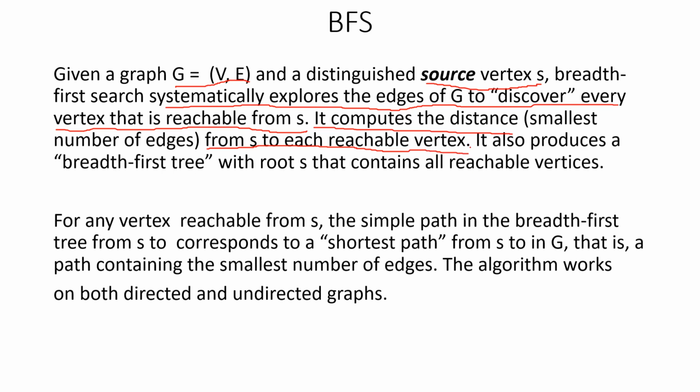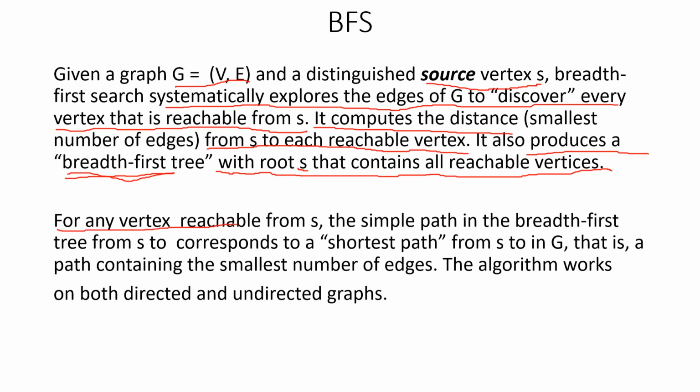As a result of the BFS, it produces a breadth-first tree with root S that contains all the reachable vertices. So if we do BFS on a graph, as a result we can get the breadth-first tree, where S will be the root of the tree.